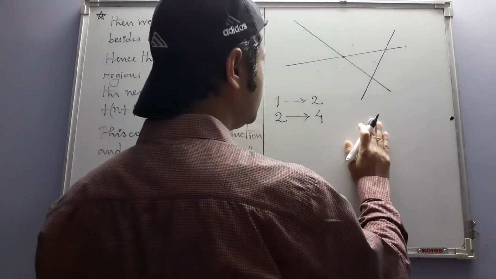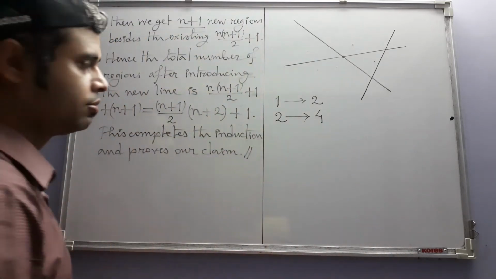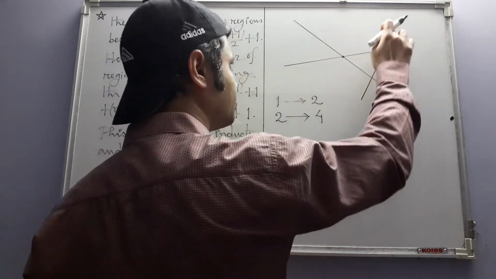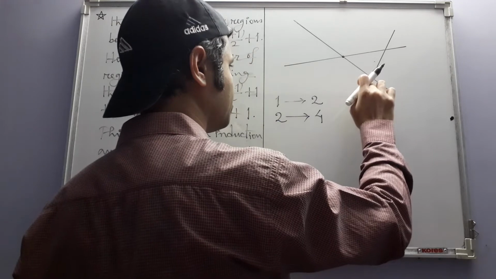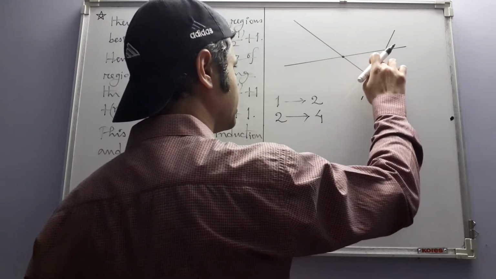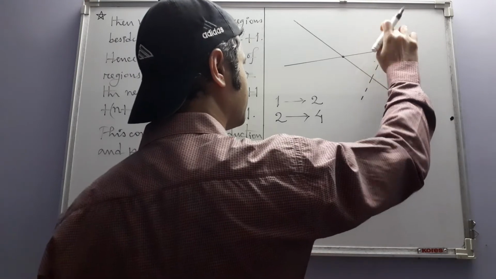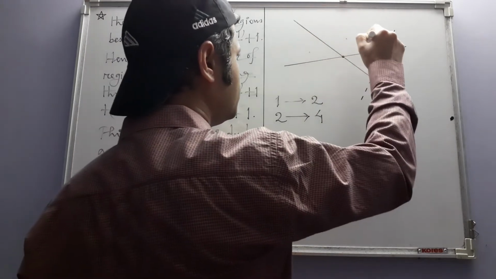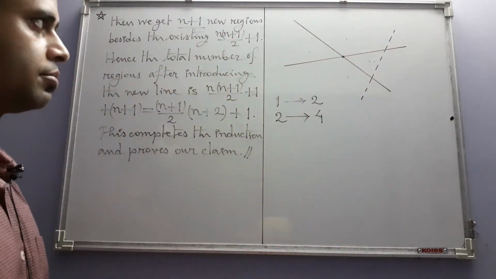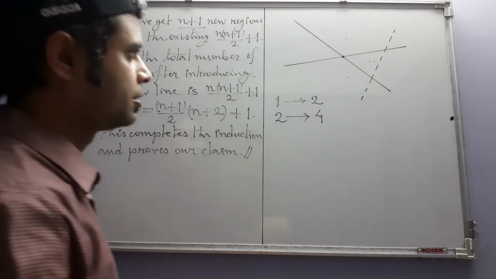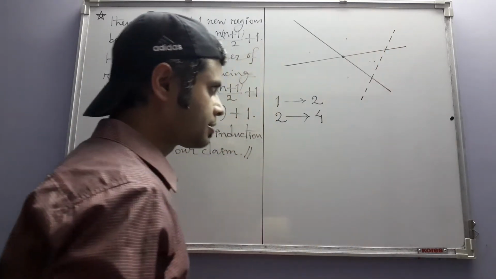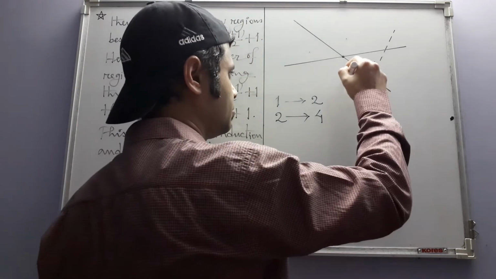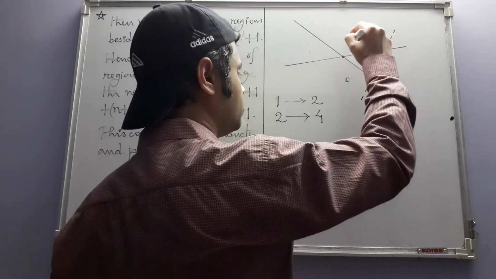Okay. Now there is one thing to observe. Note that before the introduction of this new line, to emphasize the fact that this is a new line, let us make it a dashed line. Okay, so before the introduction of this dashed line, we had 1, 2, 3, 4 regions. Now this dashed line has passed through 3 of them. 1, 2, 3.